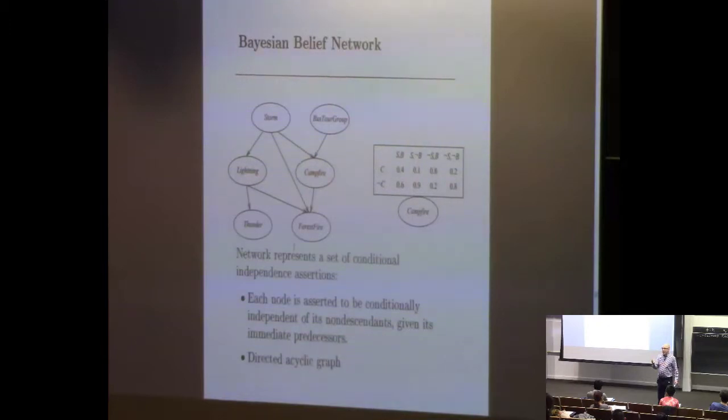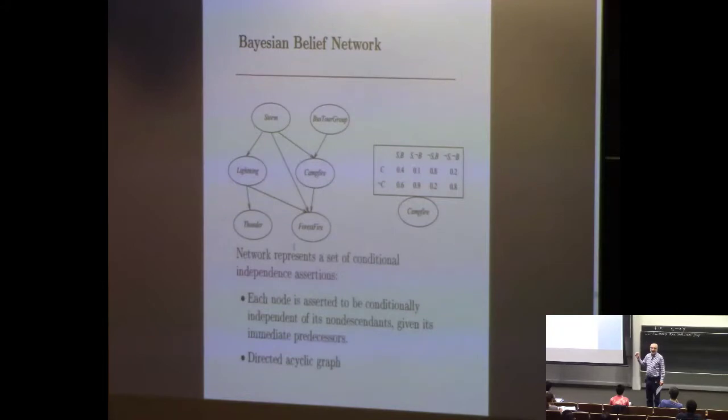But the reverse is not true. When things are correlated, it doesn't mean they're causally related. So this picture suggests causality, or in general, the kind of graphs we use suggest causality, but they're not defined as causal. They're defined as describing a set of independence assumptions.